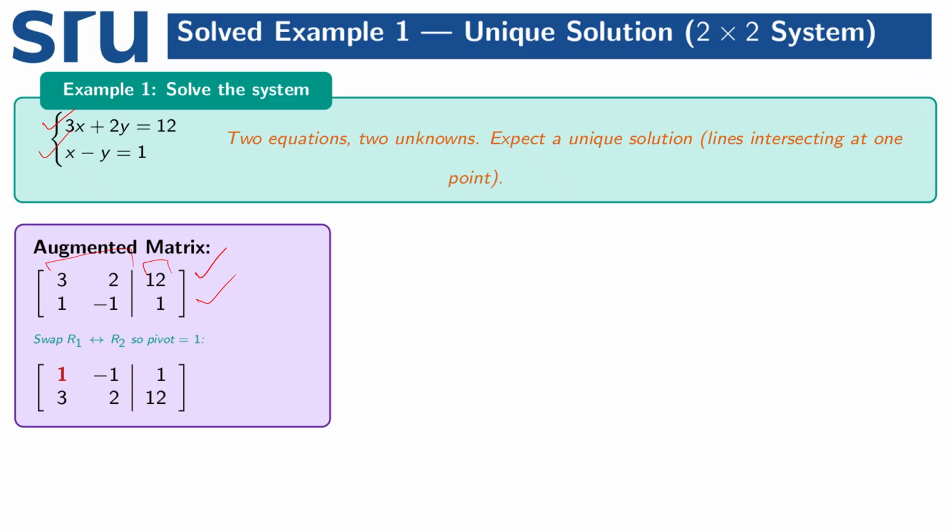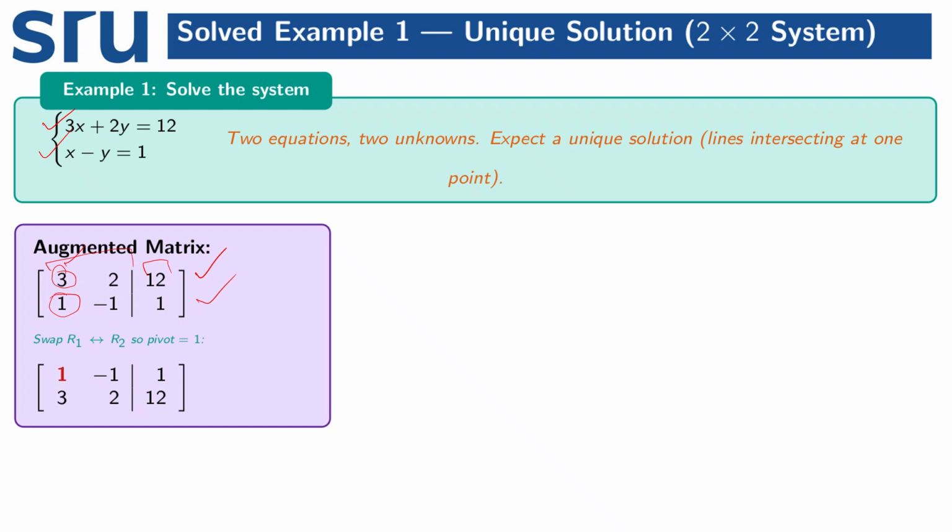Now we look at the first column. The first column is 3, 1. We want the pivot, the first element, to be 1. Right now it is 3, but look at the second row. We already have the value 1. So what will we do? Can anybody guess?